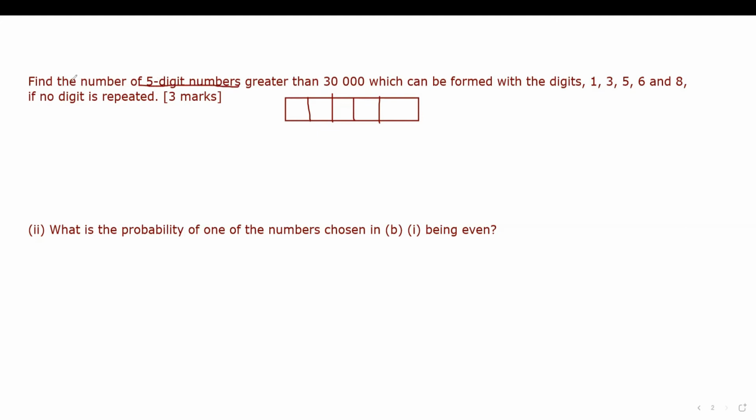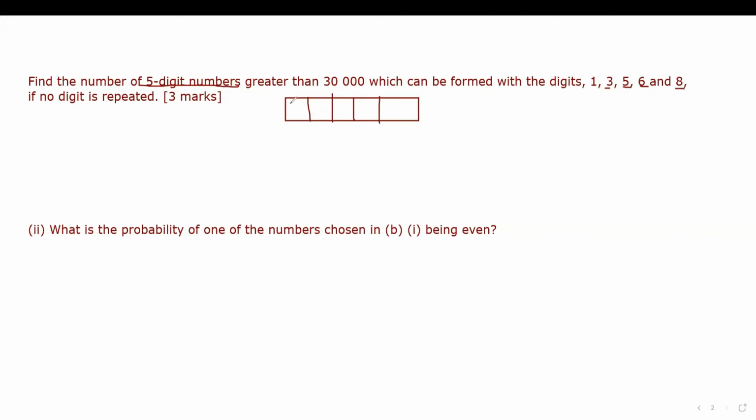So now it says, find the number of 5-digit numbers greater than 30,000 which can be formed from 1, 3, 5, 6, and 8 if no digit is repeated. If it's greater than 30,000, then it can start with 3, 5, 6, or 8. The number has to begin with 3, 5, 6, or 8.